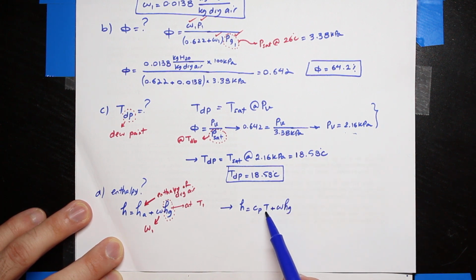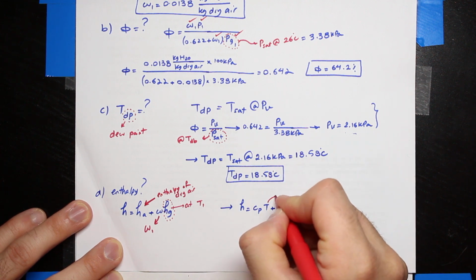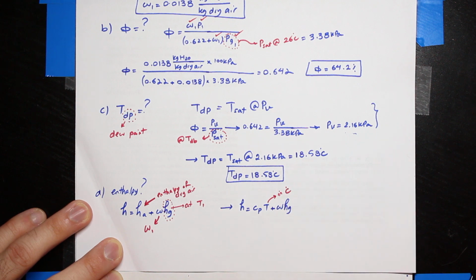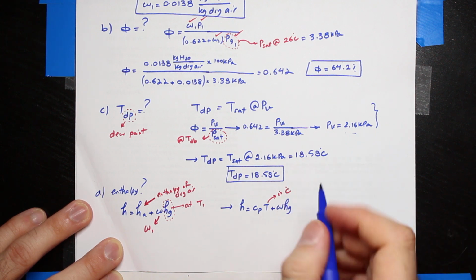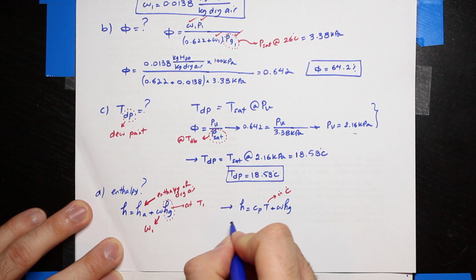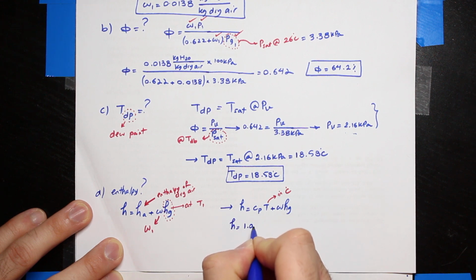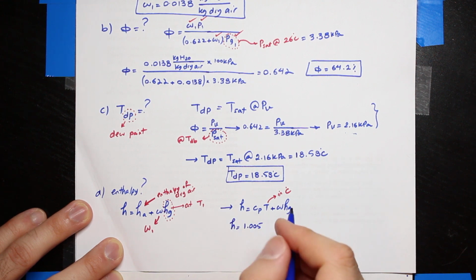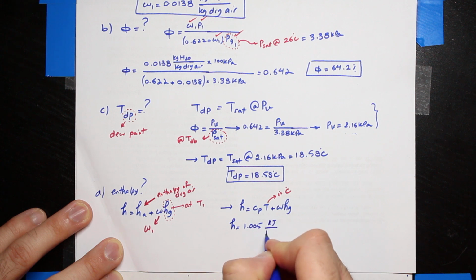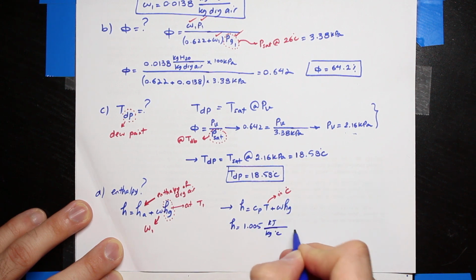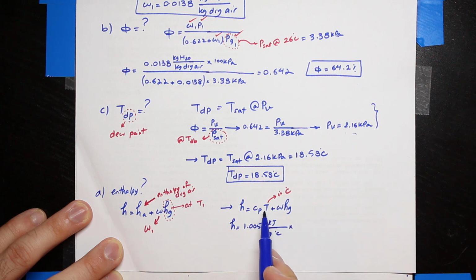So this temperature here is probably the only exception we have in thermodynamics, and this needs to be in degree C. So this gives me H equal to 1.005 kilojoule per kilogram. You can say Kelvin or degree C, both of them are the same, multiplied by temperature.